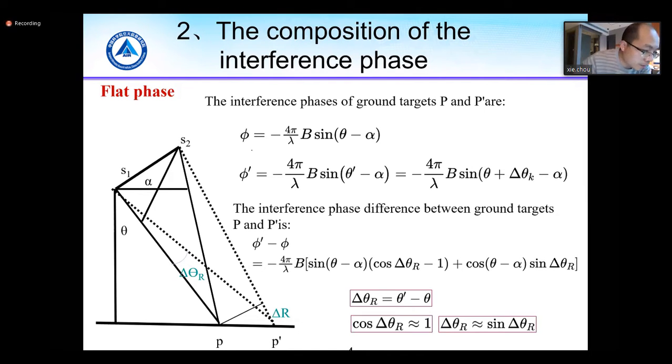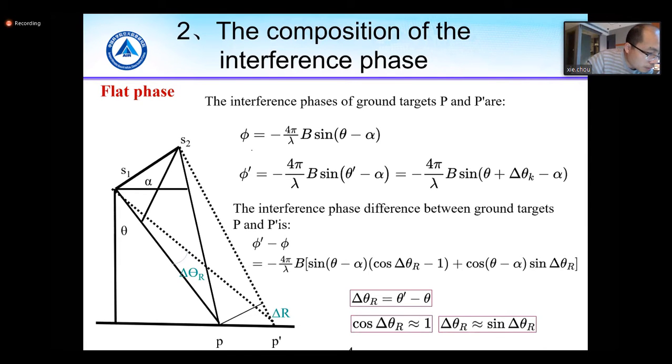As shown in the figure, the slant ranges of P1 and P2 are different, and the incidence angle also has a slight change.